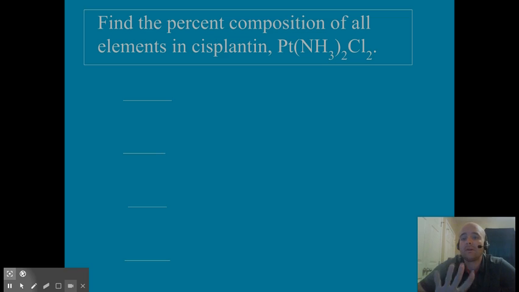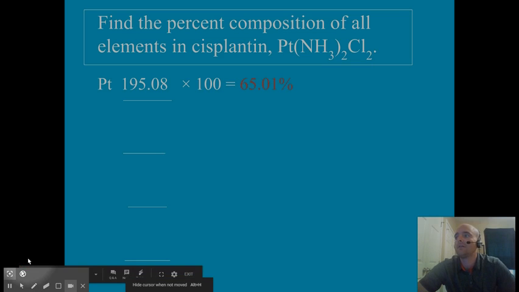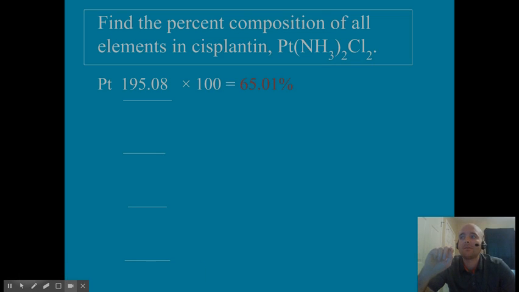There are 4 of them: platinum, nitrogen, hydrogen, and chlorine. So we will take the molar mass of platinum and divide it by the total molar mass, which we found before, 300.06, and multiply it by 100 to get 65.01%.